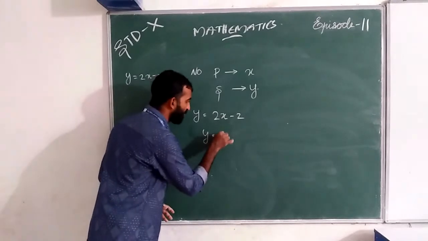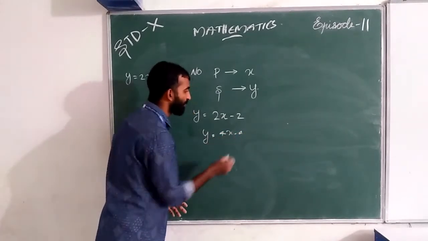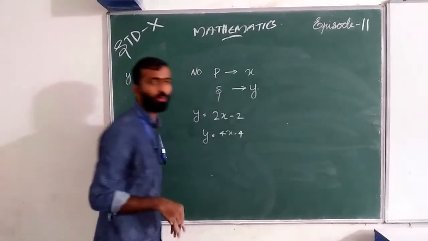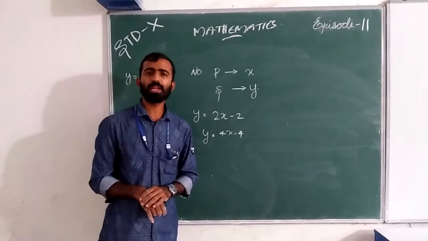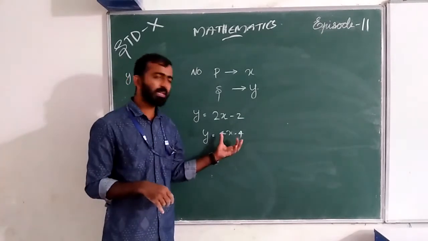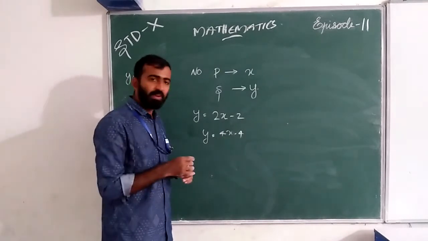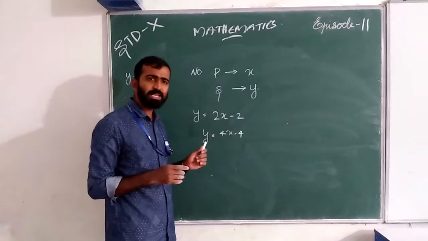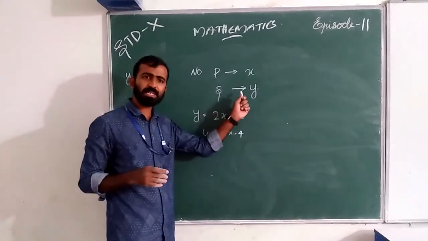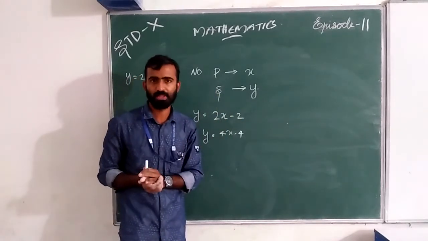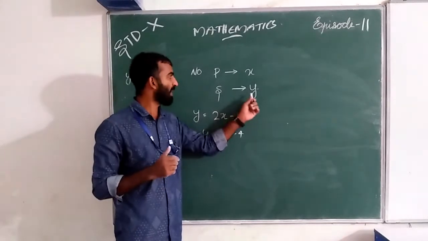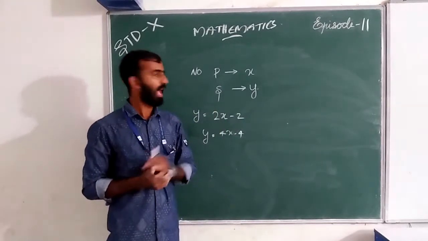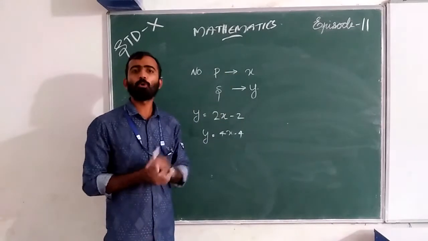So I can write 4x minus 4. Is it right? Can we write like this? Yes, because here y represents the number of shirts and x the number of pants.